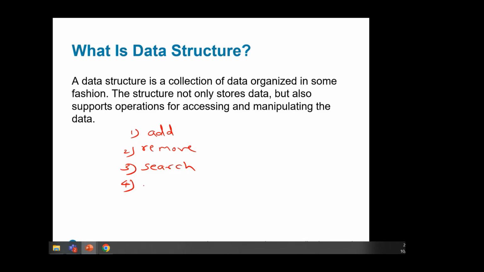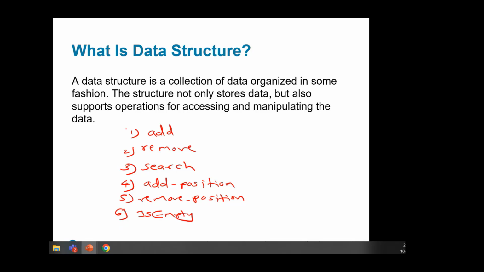What else should we be able to do in this case? Maybe we want to add at a particular position, or remove from a particular position: remove data at index 10, remove data from index 3. Then we can search, we can remove, and we can check if the data structure has some values in it or it is empty, and so on.